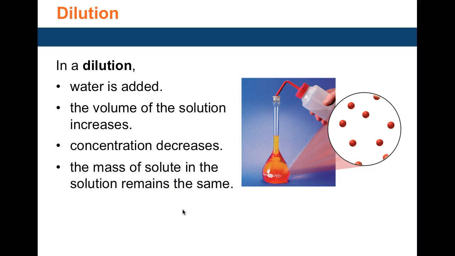So in dilution, by adding water, now the solute particles are more spread out. All right, so per square area, it's going to be less dense, less concentrated, because they're more spread out. You've added more water, so the concentration will decrease. The amount will still be the same, however, the concentration will be less.